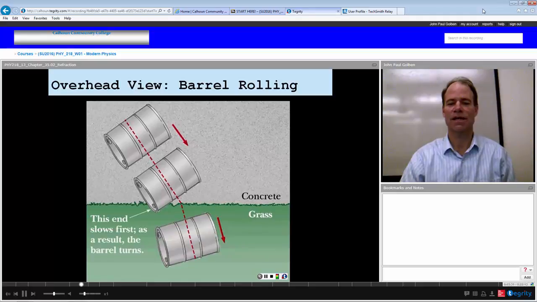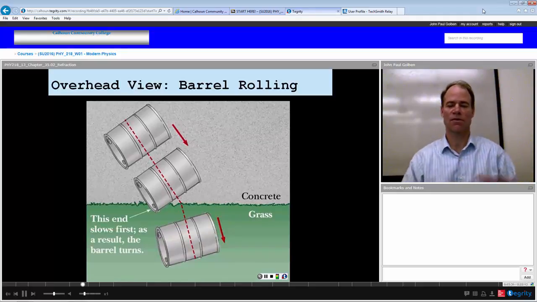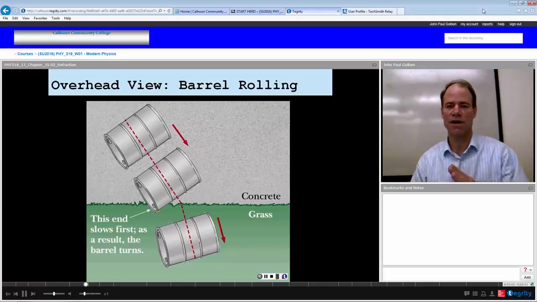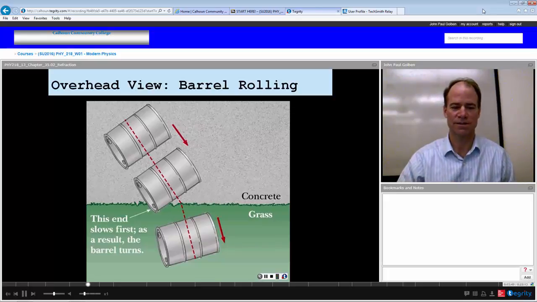Hence, when it finally enters the grass, it'll be moving in a different direction. If the grass is uniform, it'll continue to move in a straight line after that. So there'll be a bend that occurs at the interface between the concrete and the grass, based on the fact that the barrel moves slower in the grass than it does on the concrete.